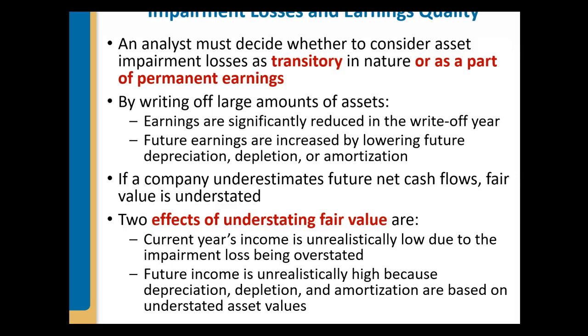This has two effects. The current year's income is unrealistically low due to the impairment loss being overstated. And then future income is unrealistically high because depreciation or depletion or amortization are based on those understated asset values.